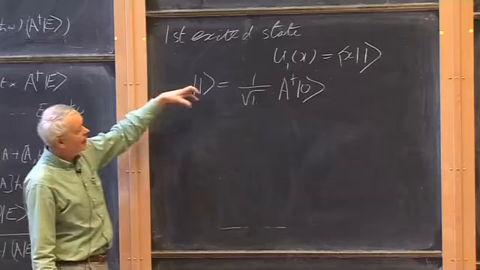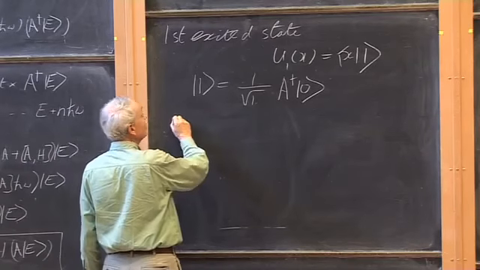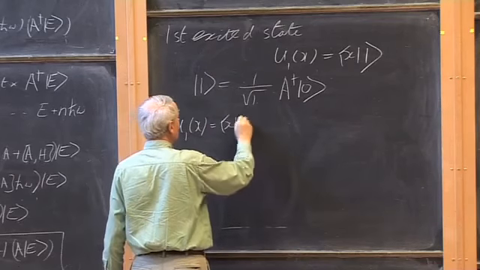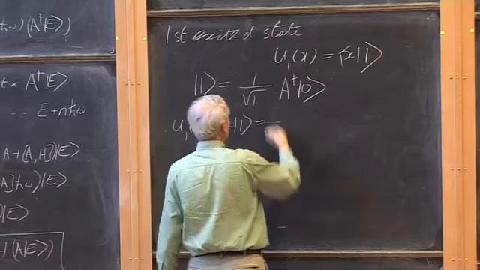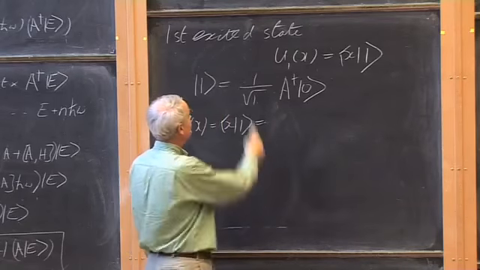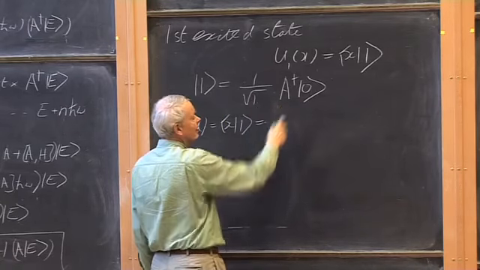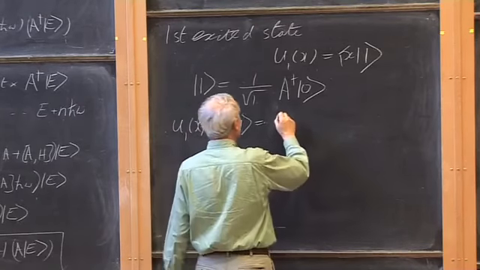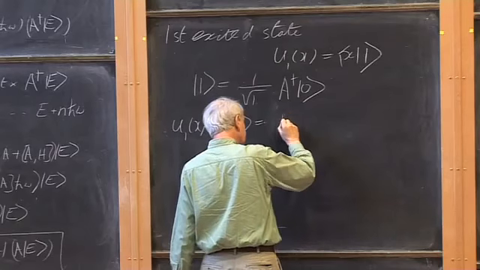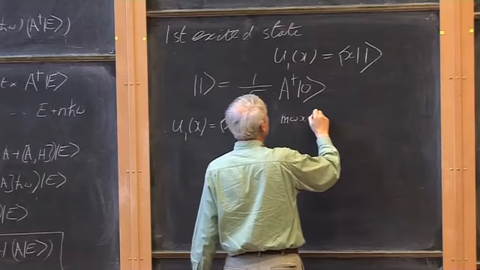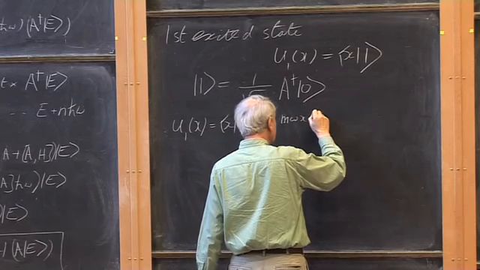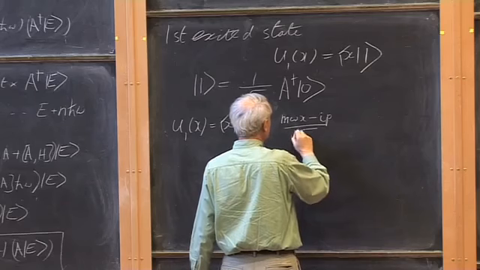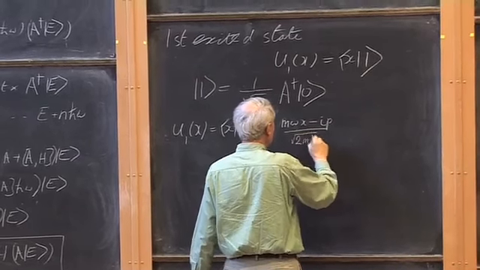So if I bra through by x, that tells me that u1 of x, which is equal to ⟨x|1⟩, is equal to 1 over the square root of n plus 1, n here is 0, times a dagger, which is (m omega x minus iP) over the square root of 2m h bar omega.